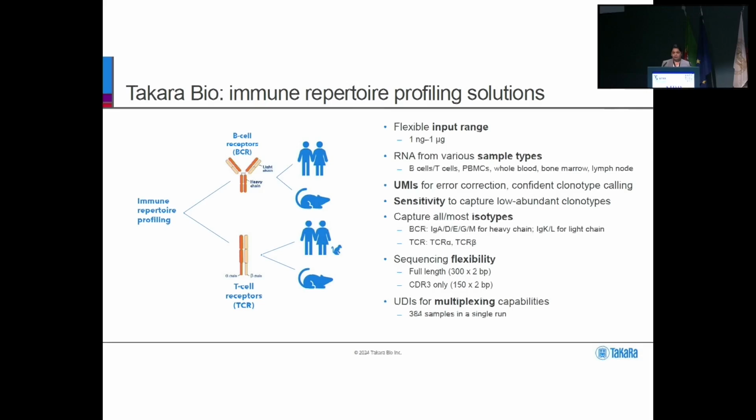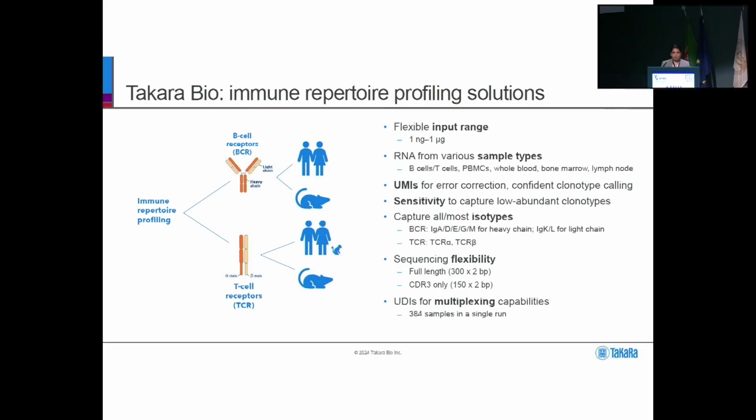Our kits have a flexible input range, from 1 nanogram RNA to 1 microgram RNA, and they're compatible with various sample types, be it B cell or T cell RNAs, PBMCs or whole blood or primary lymphoid tissues. We have UMIs for error correction, which help in confident clonotype calling. The sensitivity of the kit is pretty good, and we can capture low abundant clonotypes. Some of the data I will be showing in the later slides.